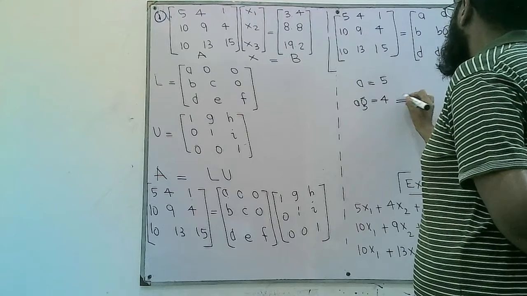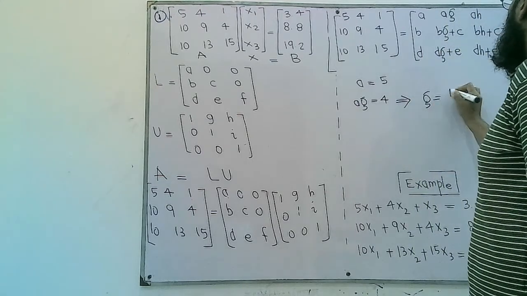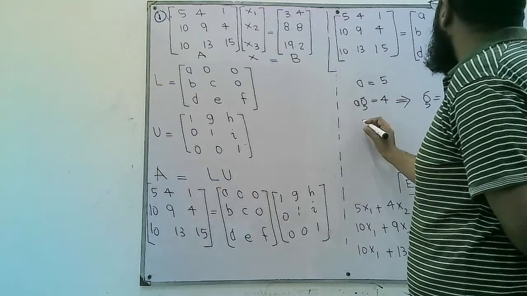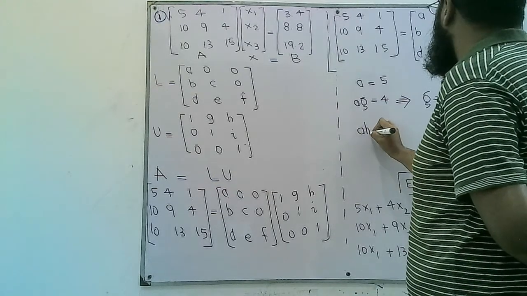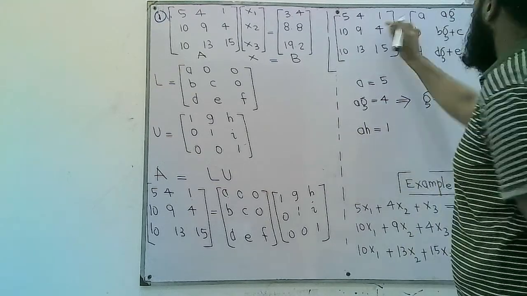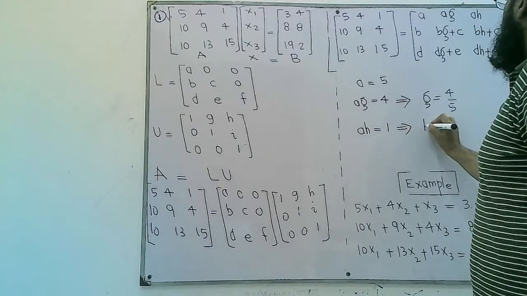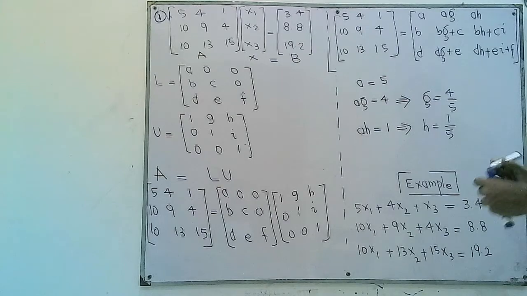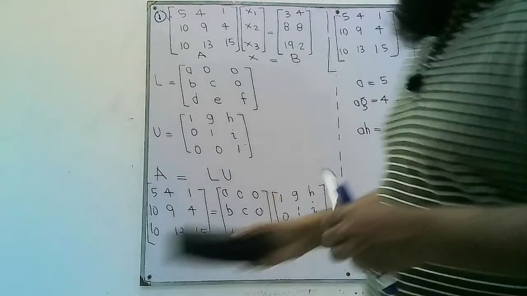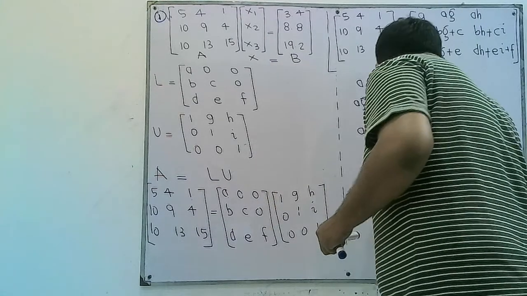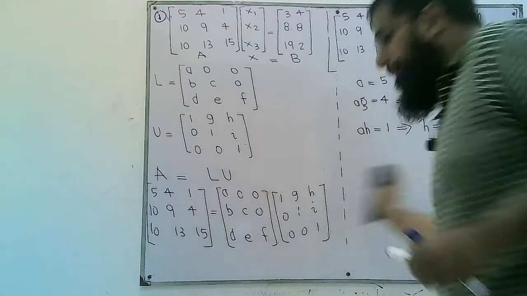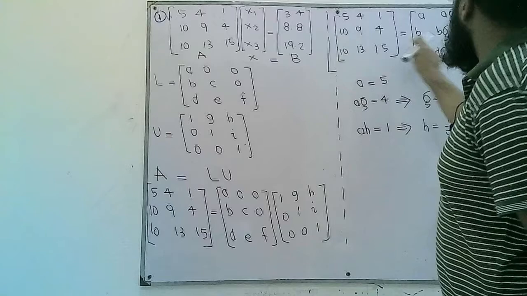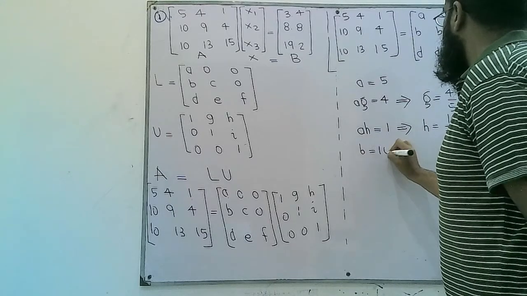This means that G is 4 over A, 4 over 5. And AH is 1. This means H is 1 over A, 1 over 5, right? And now 10 is equal to B, or B is equal to 10.